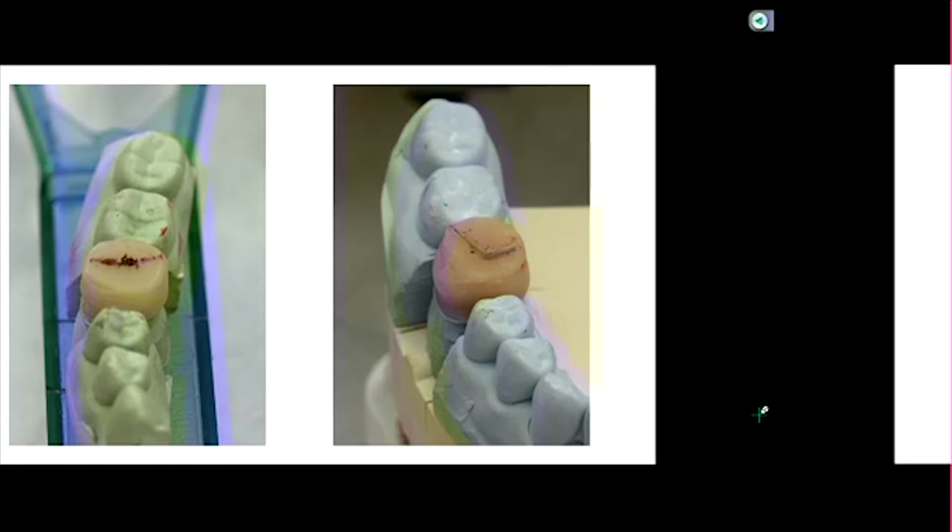So the cusp movement, or the path in which it goes, isn't representative, and thus if you made a crown and wax up, you couldn't really accurately test whether that is in balancing interference or in any interference, because when you make it on the triple tray, it doesn't really simulate what the mouth does.